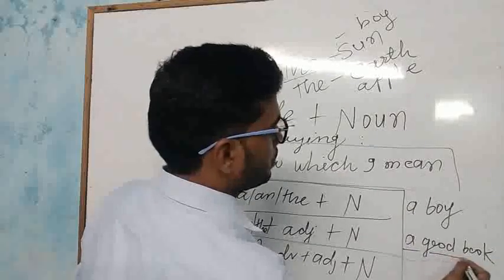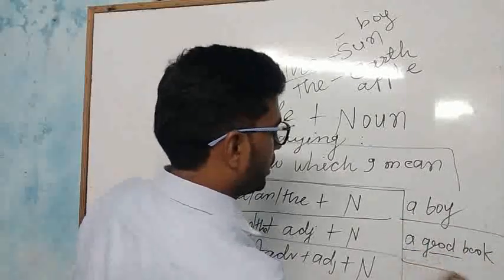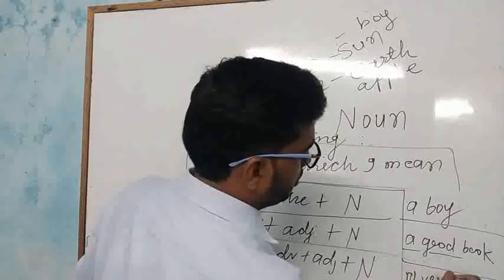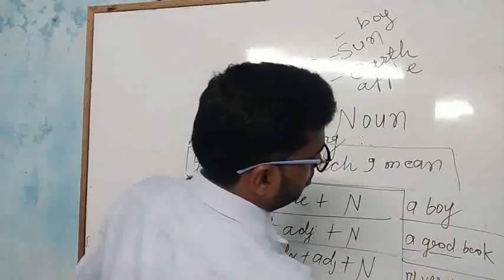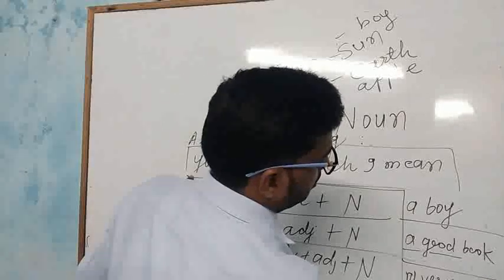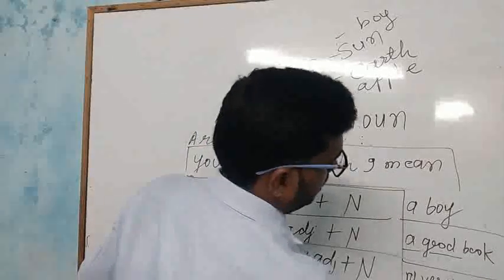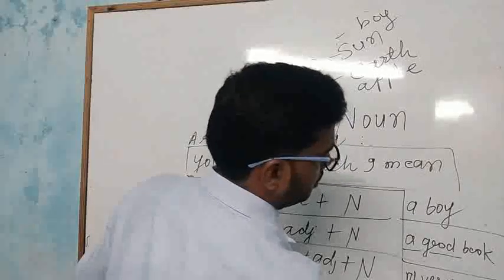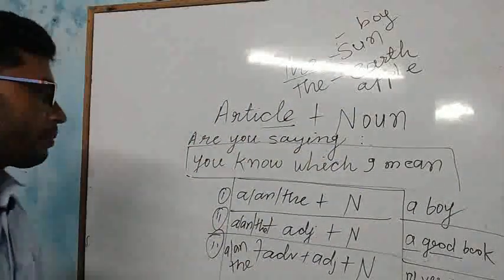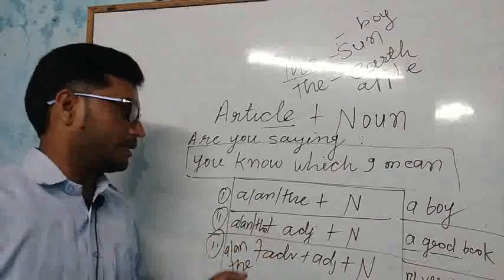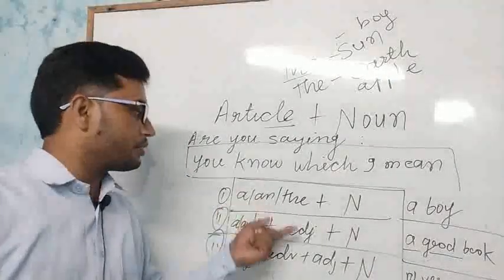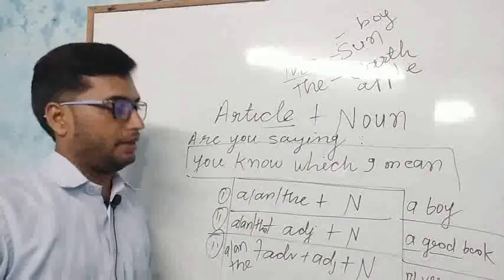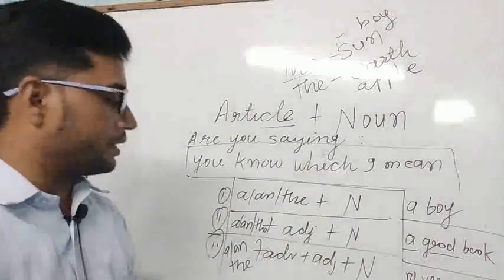We have used it before the adjective, okay? And a very important question, very important question, right? So this is the place, the position of a, an, or the.